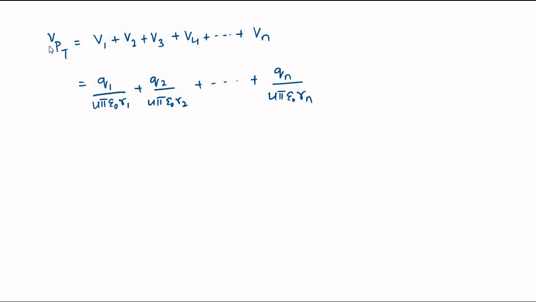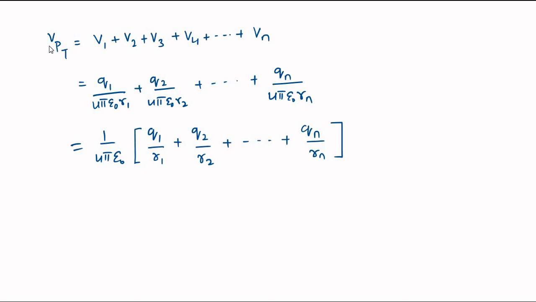If we take 1 by 4 pi epsilon 0 common from this, then it will be Q1 by R1, Q2 by R2 up to the nth one, which is Qn by Rn.